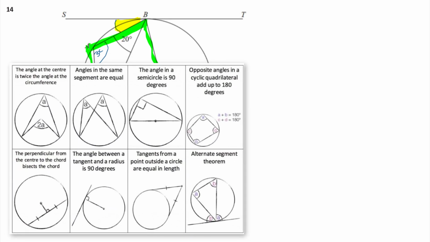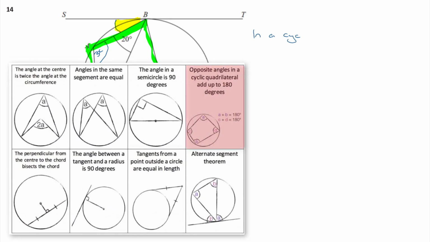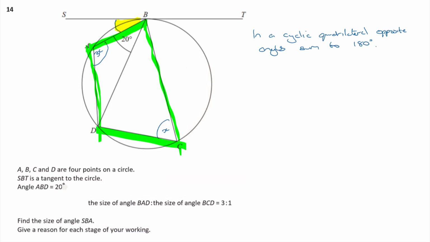I know that in a cyclic quadrilateral, opposite angles sum to 180 degrees.